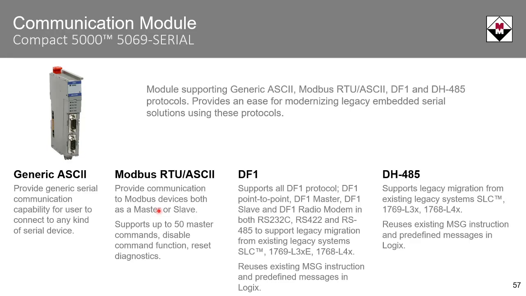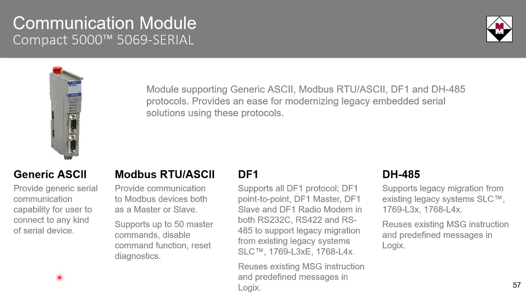Another new module with the Compact 5000 family is the 5069 serial module. It was introduced with version 31 about a year ago. The 5069 serial module, release 1 firmware, offered generic ASCII and Modbus RTU ASCII communications. With release 2 firmware, which was just recently released, the 5069 serial module also supports DF1 and DH485 communications.